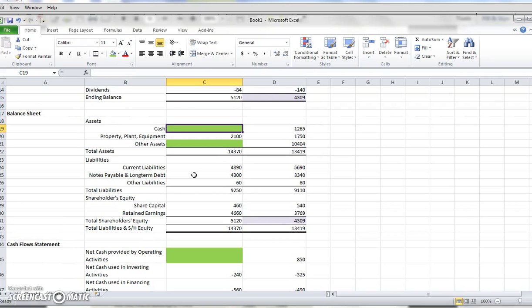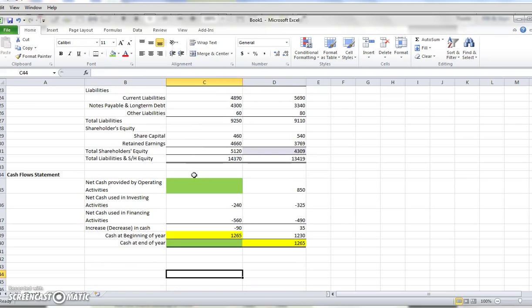Well, it's going to be difficult to figure out cash and other assets if all we know is the amount for PPE, property, plant, and equipment. We do know what it's supposed to add up to. And now we have this, which is net cash provided by operating activities and cash at the end of the year. We are guided by this.